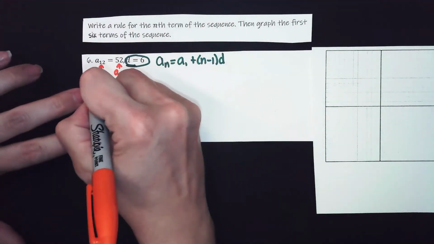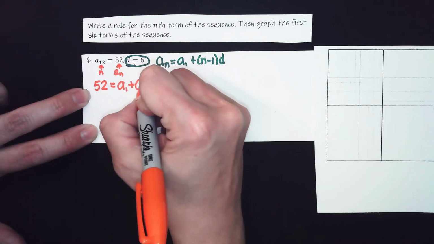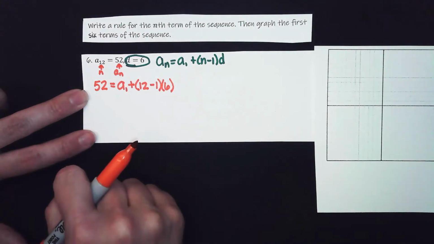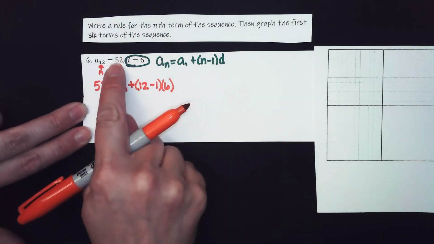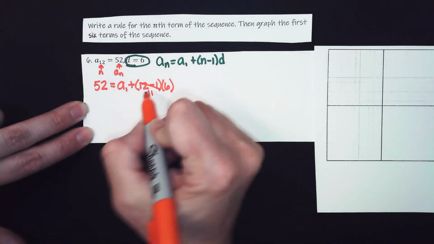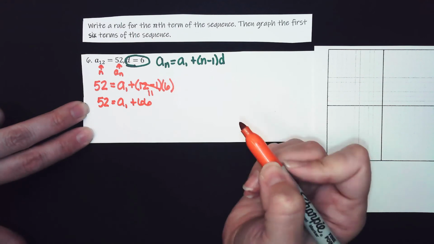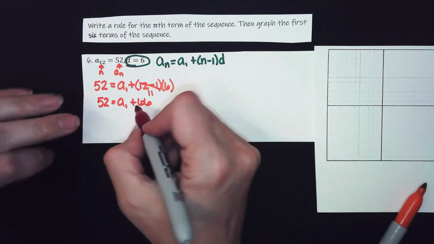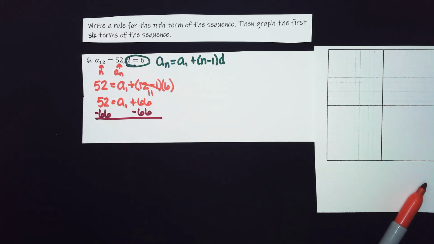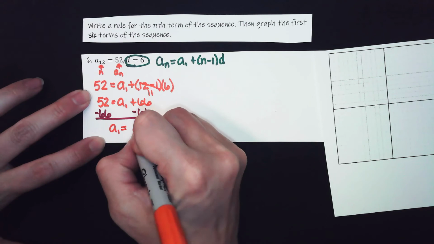So 52 equals A1 plus 12 minus 1 times 6, because I already knew the D. I plugged in 12 for N and 52 for AN. This makes 11, so I get 52 equals A1 plus 66. We have to solve for A1, so we subtract 66 from both sides, and I get that A1 equals negative 14.